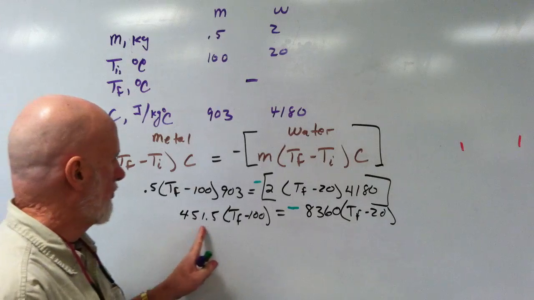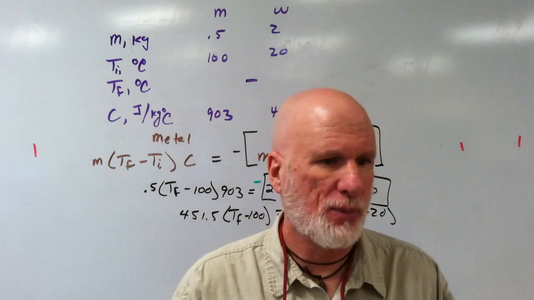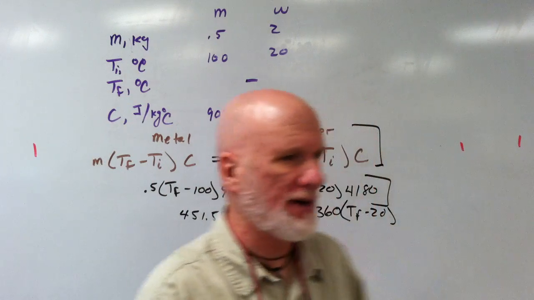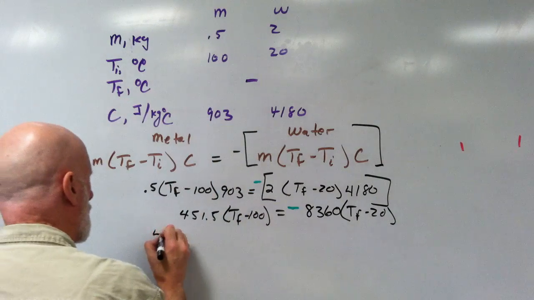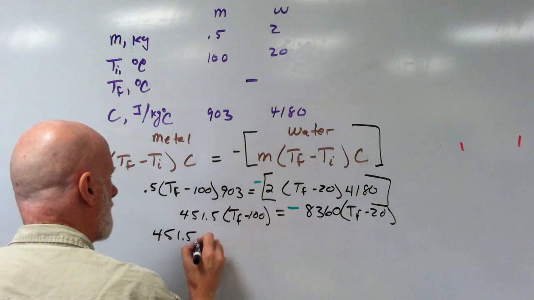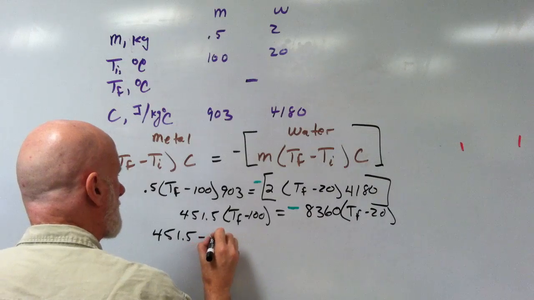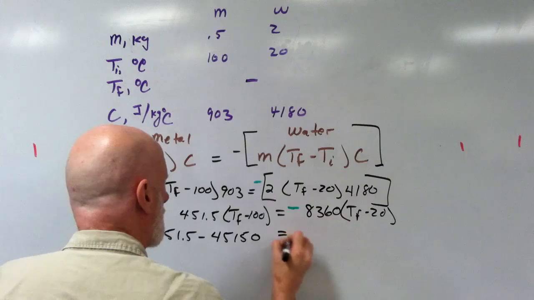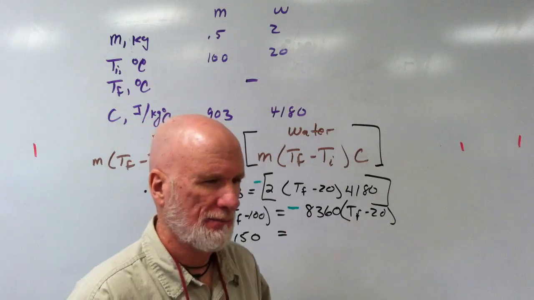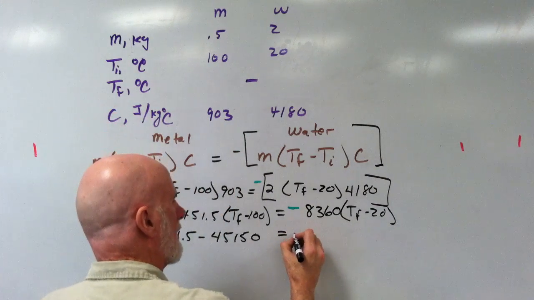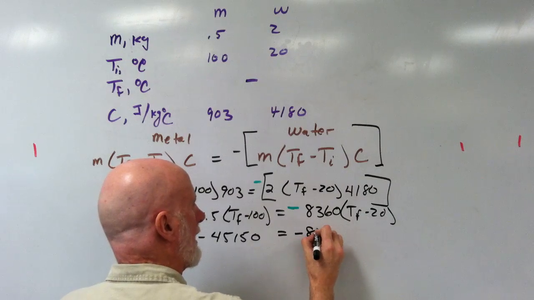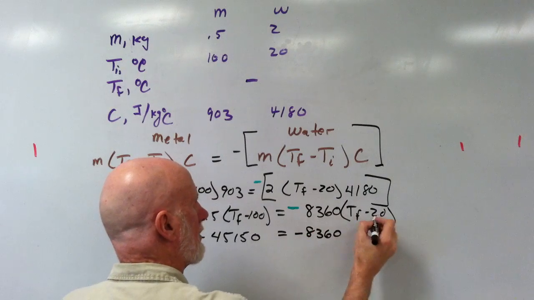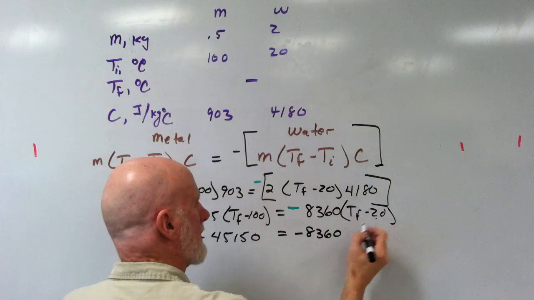All right? So 451.5 times TF is 451.5 TF, minus 45150. Easy? You get that? Okay. This will be negative 8360 TF. But times this is negative, so this will become positive.